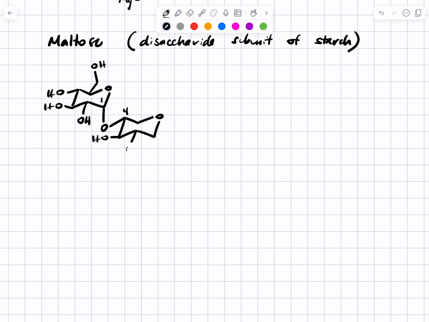And then all the other groups are in the same orientation. Let's continue to make this C1 the alpha anomer. So we would call this glycosidic linkage, which I will highlight in pink, an alpha 1,4 linkage. That's the alpha 1,4 linkage between 2 glucose molecules.